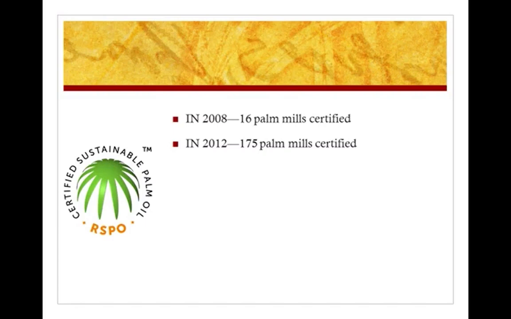Now, in 2008, according to the data that I have found, 16 palm mills were certified as sustainable by the RSPO. In 2012, this was up to 175 palm mills. So we're seeing huge increases in certified palm oil. So that's really good news.